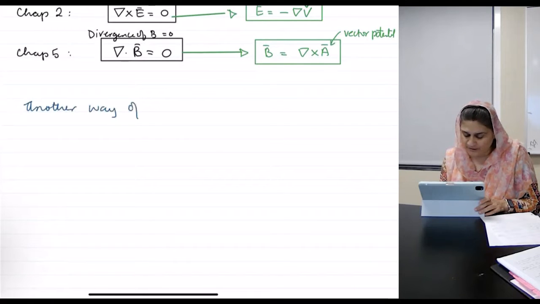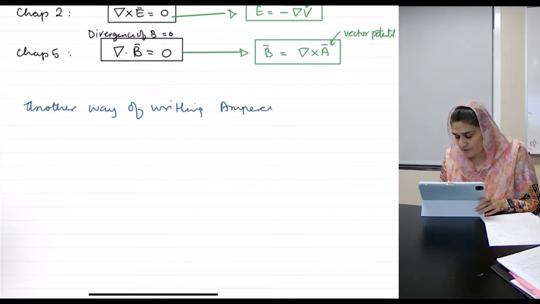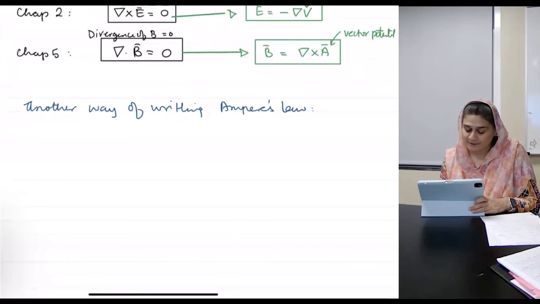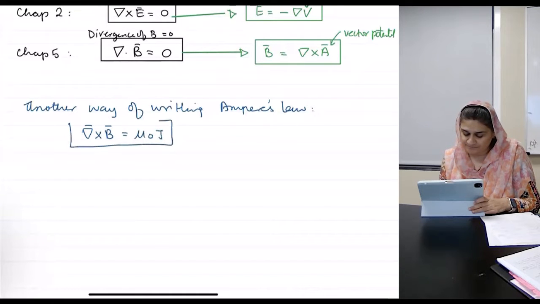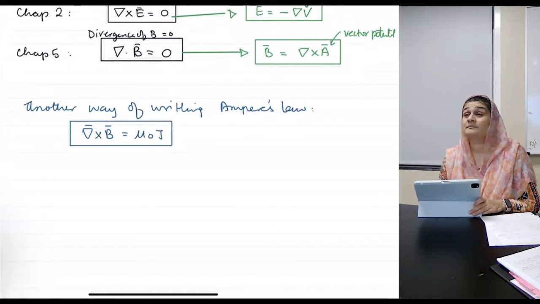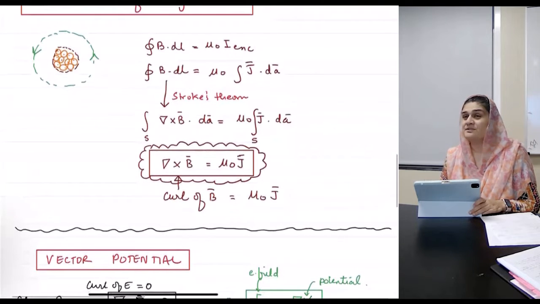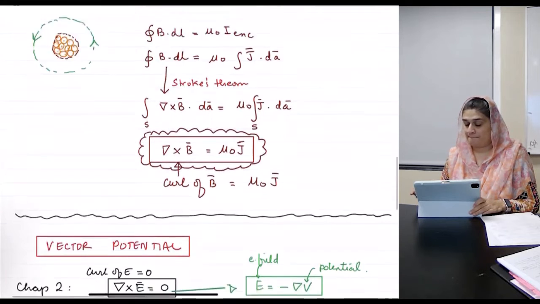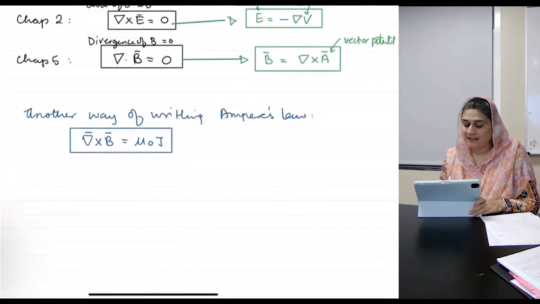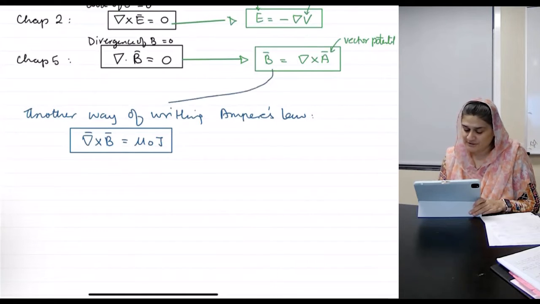Another way of writing Ampere's law. I'm going to start with mu naught J. That's our standard way of writing Ampere's law from this star equation. May I plug this in here?